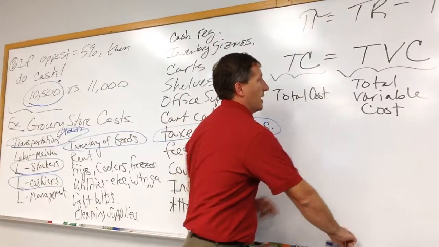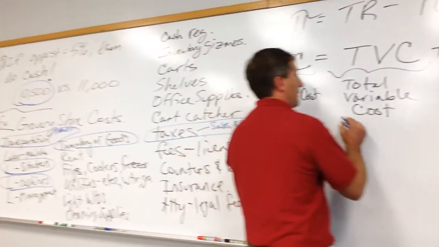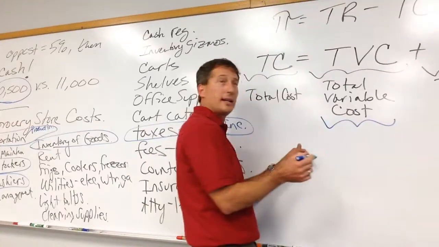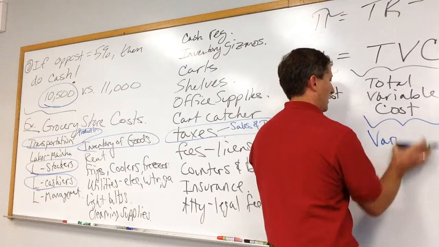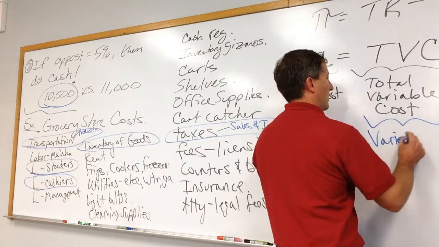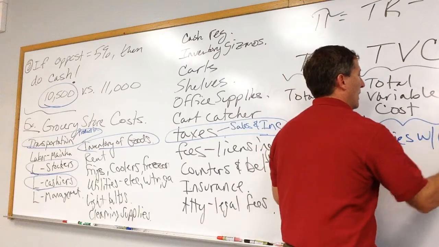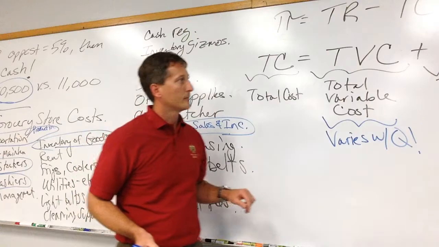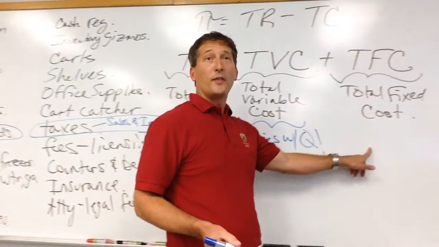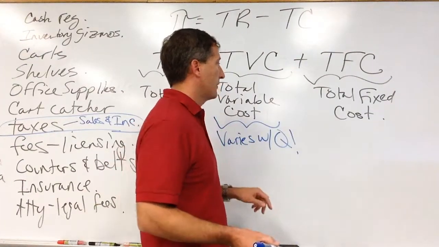What makes a variable cost variable? The fact that it varies with the quantity produced. Varies with quantity. Total fixed costs do not vary with quantity.